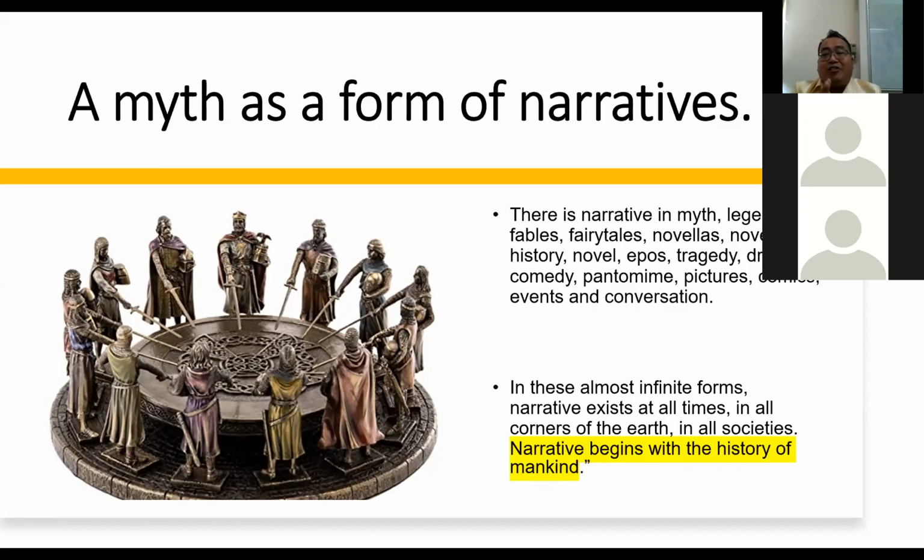So there is narrative in myth, legend, fable, fairy tales, novella, novels, history, articles, tragedies, comedy, pictures, paintings, conversation. So narrative exists in all forms, in all corners of the earth, in all societies.